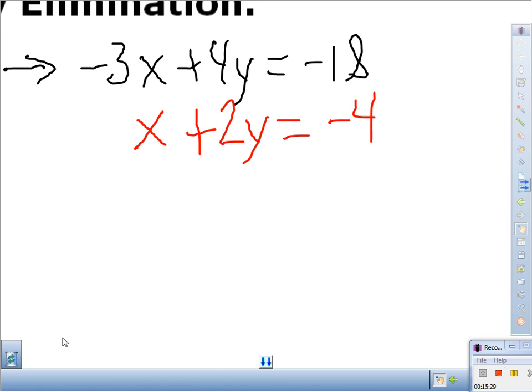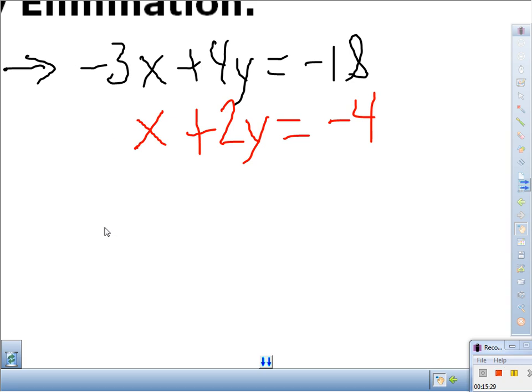Jaden, if I wanted to eliminate x, what do I need to do to this equation? If I multiply times negative 1, I end up with negative 1x, and negative 3x gives me negative 4x.